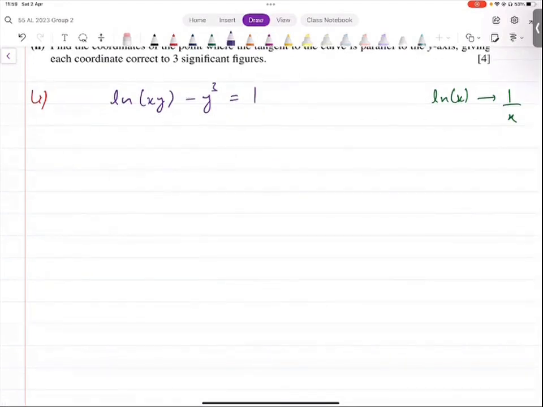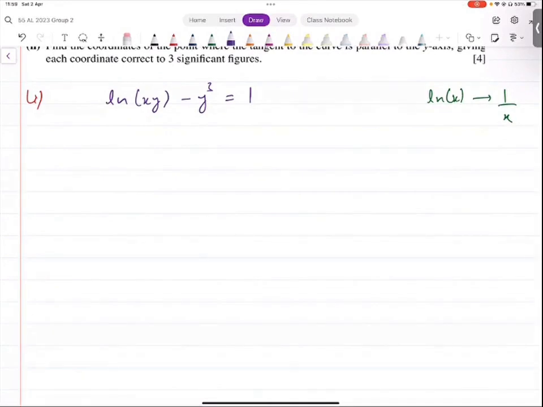अब क्या करेंगे? Log of xy के डेरिवेटिव क्या होगा? 1 over xy multiplied by the derivative of xy. xy का डेरिवेटिव क्या होगा? यहाँ पे x और y दो एक्सप्रेशन से मल्टीप्लाई हो रहे हैं, we will have to apply the product rule here.